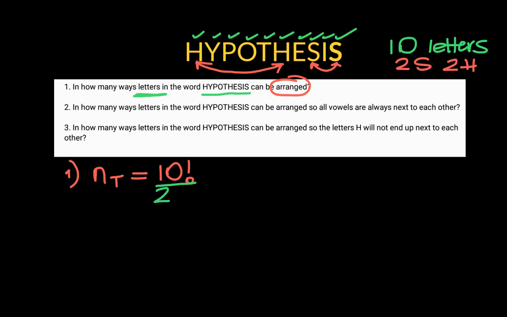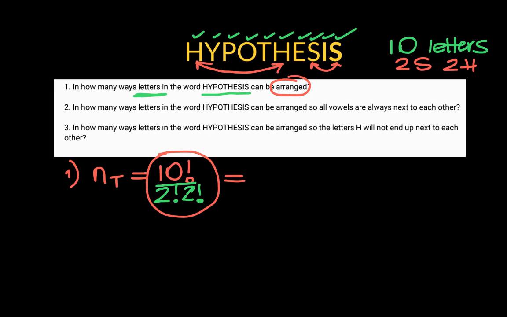So I've got 2 S's and 2 H's that I have to get rid of, so I have to divide by it in order to get the total number of options. Use your calculators, determine the total number of options. We're not talking probability, we are talking only the number of options.